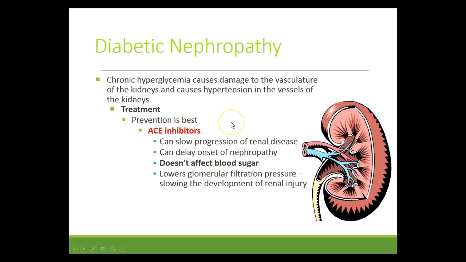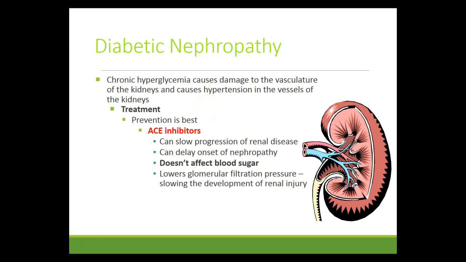With diabetic nephropathy, chronic hyperglycemia will cause damage to the vasculature of the kidneys and cause hypertension in the vessels of the kidneys, which will lead to that damage and allow the protein to spill into the urine. So really the best treatment is prevention. Remember the kidneys are also involved in regulating blood pressure overall, so using ACE inhibitors helps protect the kidneys.